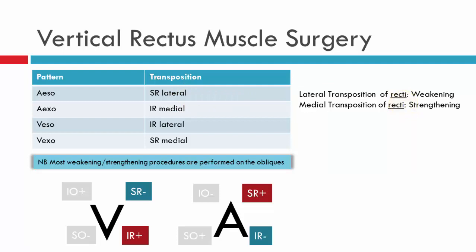Now, in the instance of the A-ESO, we're only considering the superior rectus and moving it laterally because with the A-ESO, it's the esotropia getting worse in up gaze and the superior rectus is an elevator. So we want to have most effect in elevation. So we'll go for the superior rectus rather than the inferior rectus transposition.